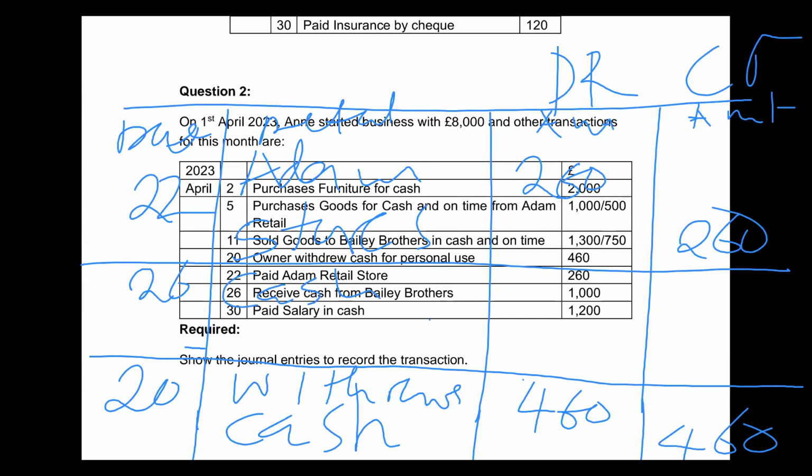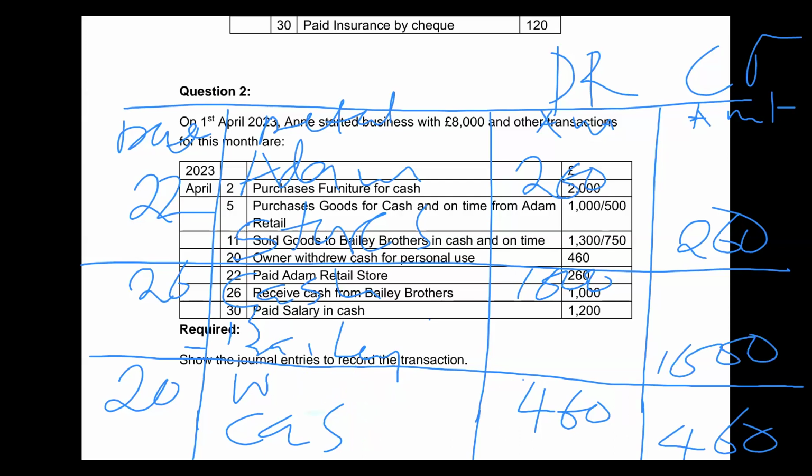Cash account is being debited with 1,000. Then Bailey is credited. You've gotten it? Yes, sir.